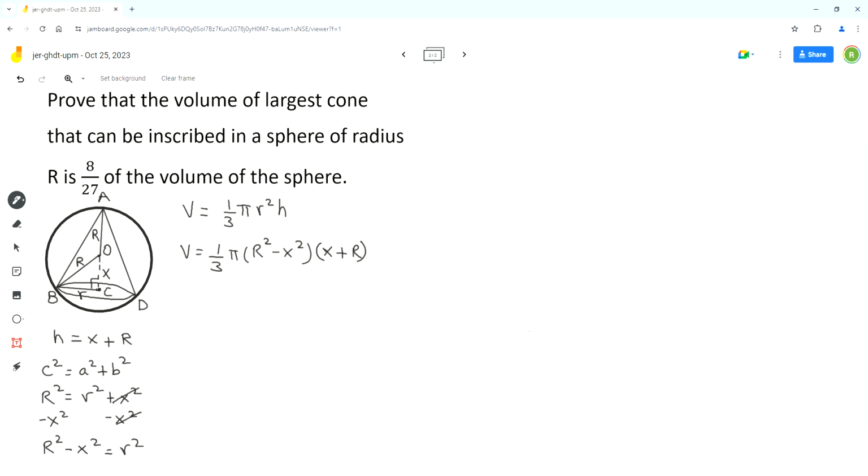So we can do the substitution for r squared and h. Now we can simplify this expression by distributing the terms in the parentheses. We can use the FOIL method.